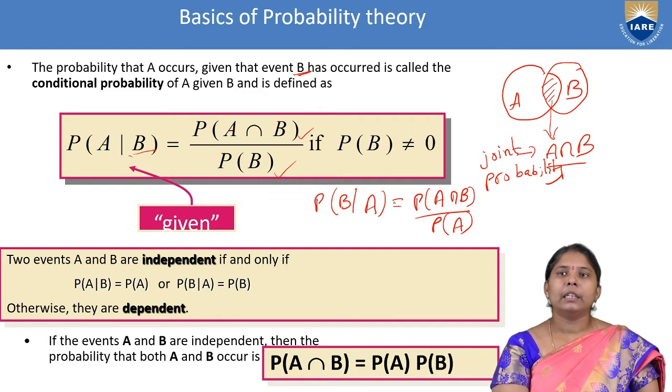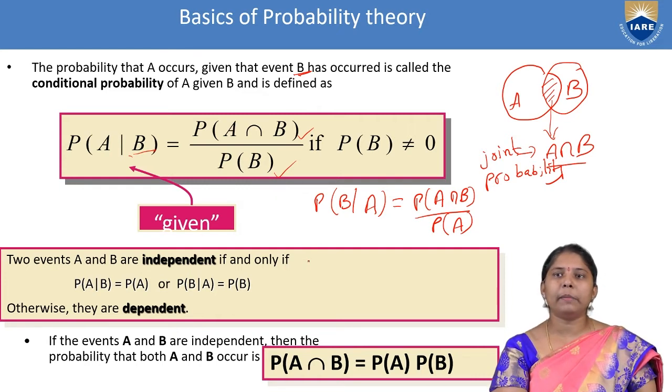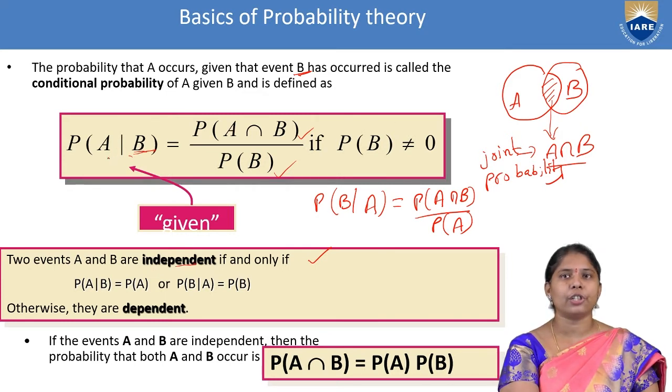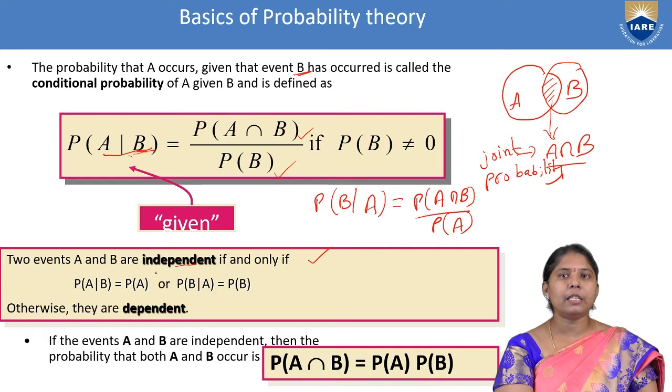Next, independent events. A is an event and B is an event. When dependency is there, we write conditional probability. If dependency is not there, we say the events are independent. Then probability of A given B, since A does not depend on B, is equal to probability of A. Probability of B given A, since B does not depend on A, is probability of B. When independent, conditional probabilities are equal to normal probabilities.